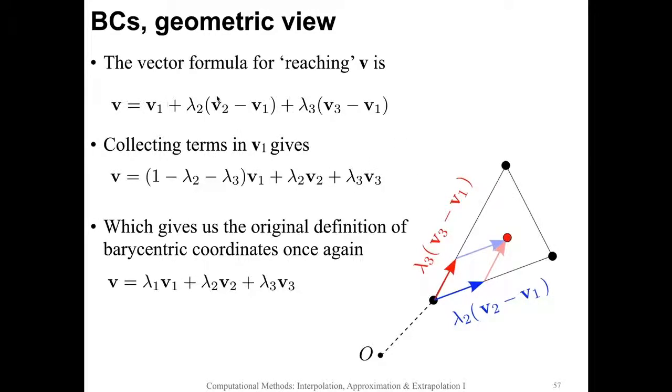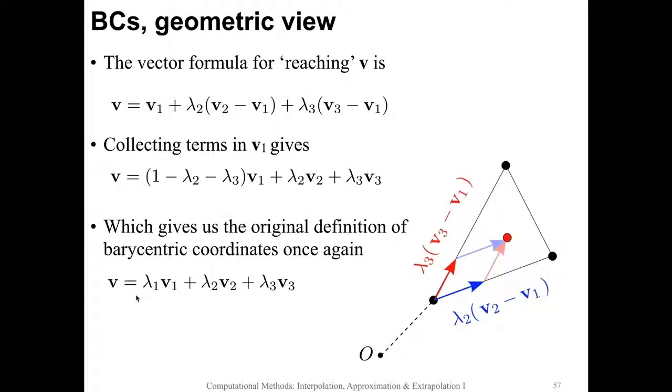So if we collect our terms together here, if we multiply lambda 2 times this bracket and lambda 3 times this bracket, then we can bring out everything that's in terms of v1 and v2 and v3 and separate them out. And so we end up with this expression here. And given that we can define even lambda 1 to be equal to this, we basically recover our definition of what the barycentric coordinates are.